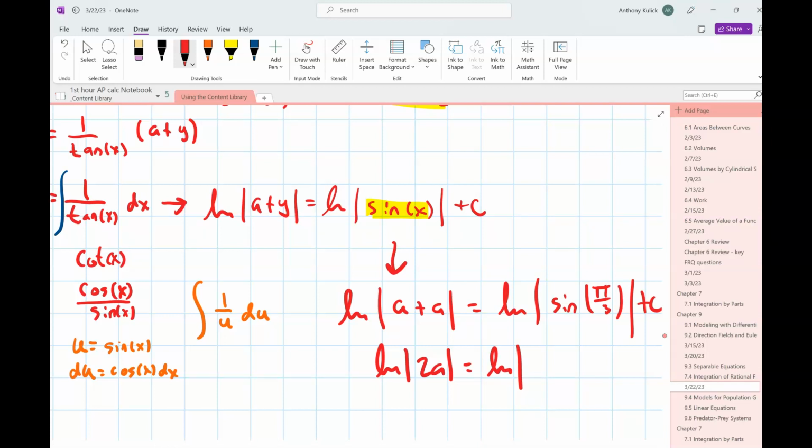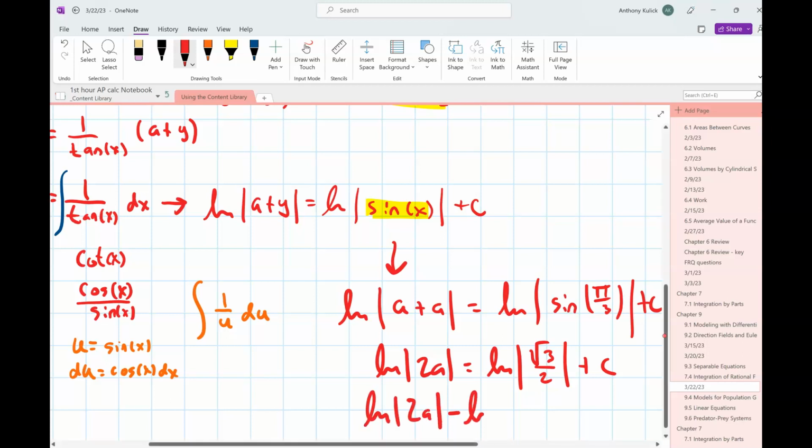Sine of pi over 3 is? The way I think about that, if sine is the y-coordinate, pi over 6 is the lower point, so that should be the 1/2. Sine of pi over 3 is higher. That should be the root 3 over 2. So c is going to be the natural log of 2a minus the natural log of root 3 over 2.